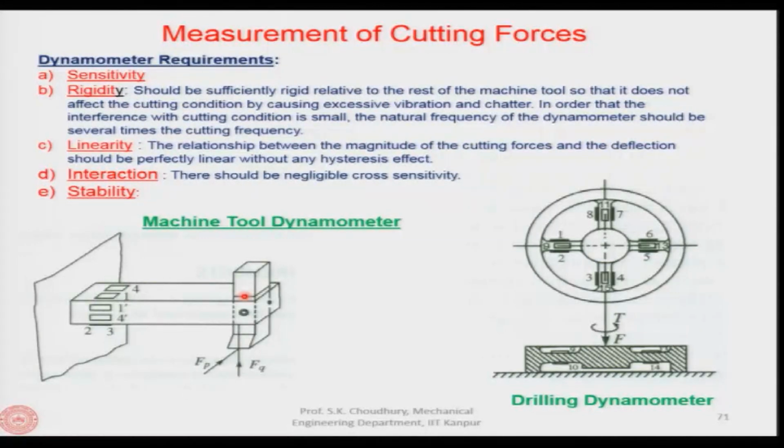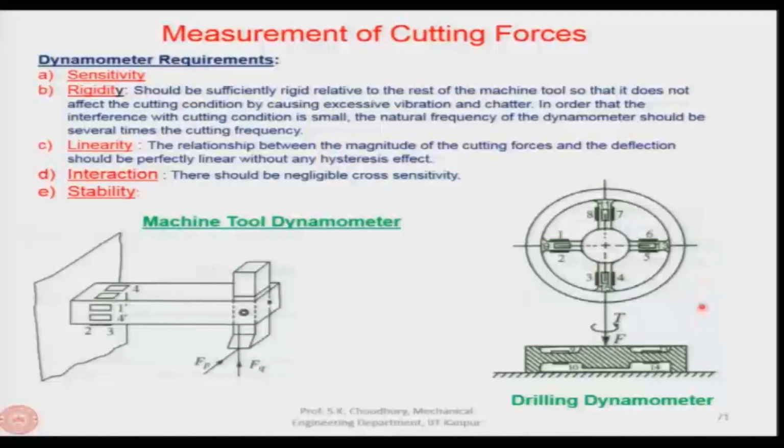Basically, we will be measuring the strain, from the strain we can find out the moment, and if we know the distance, then from that we can find out the force, because force into distance is the moment.